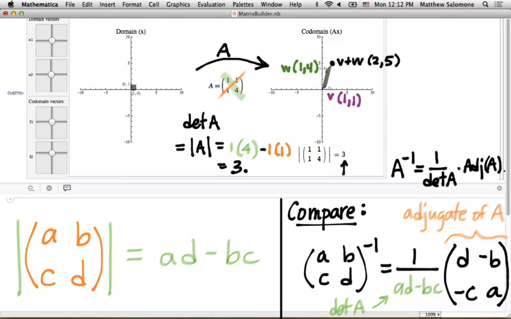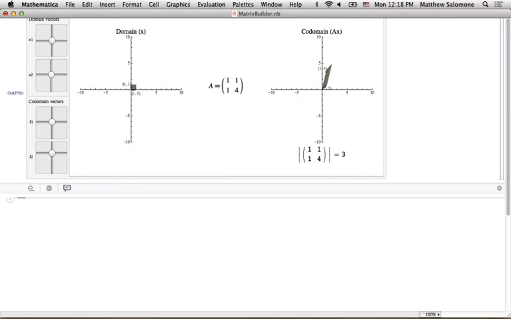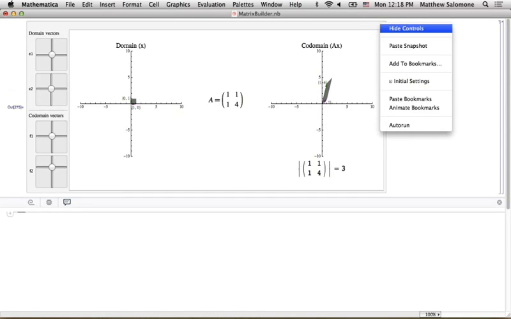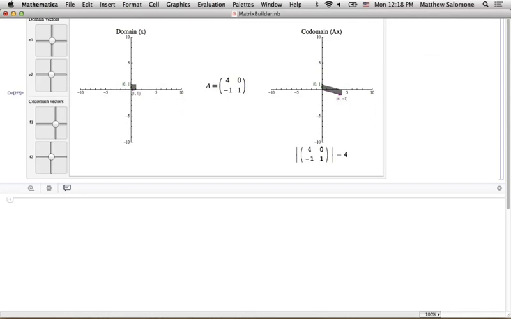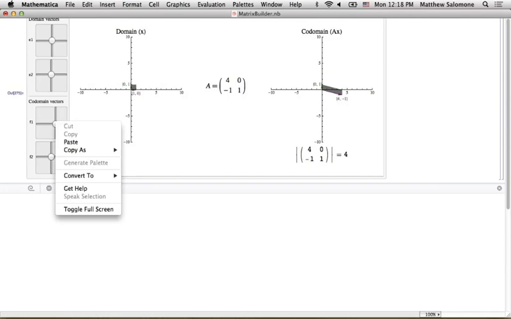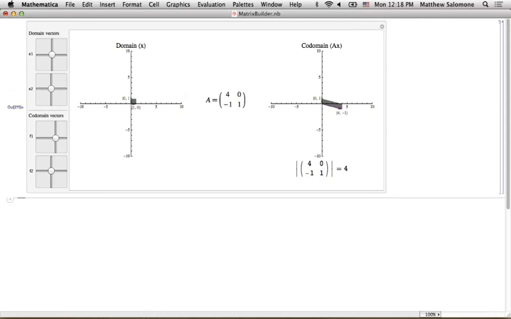So the determinant is going to have something to do with this figure over here. But it actually doesn't describe the location of a single point of this parallelogram. Rather, it describes something else. Let's play around with this a little more and see if we can get a better feel for it. So if we just go back to initial settings here, and then let's take this codomain vector and stretch it out horizontally.